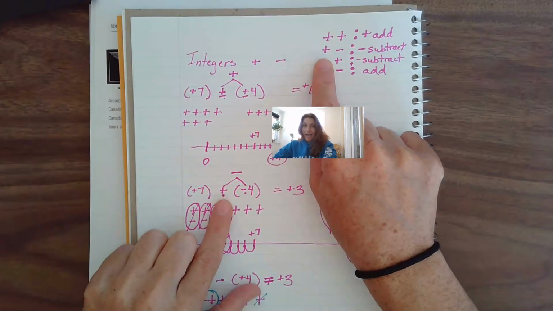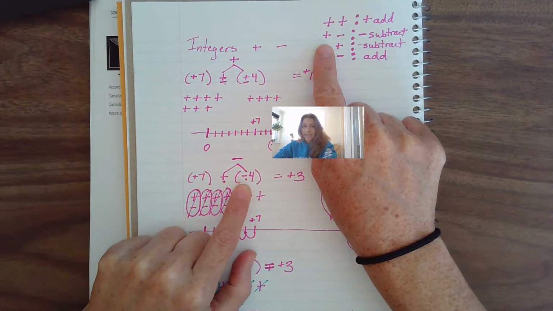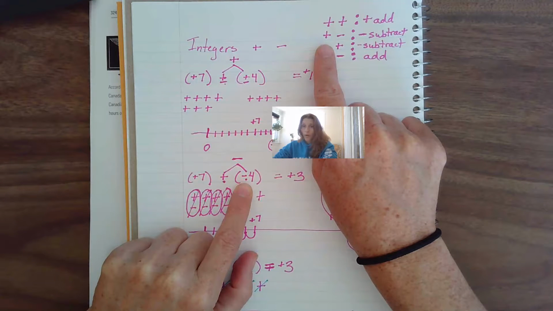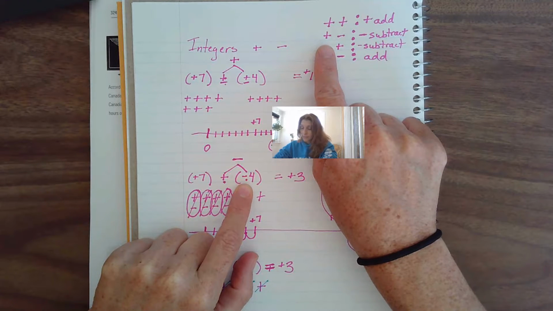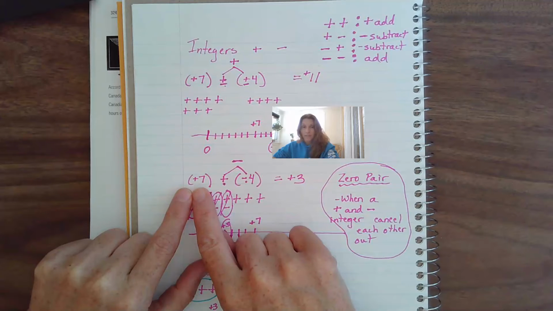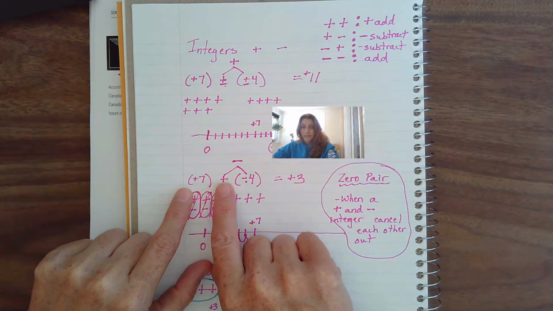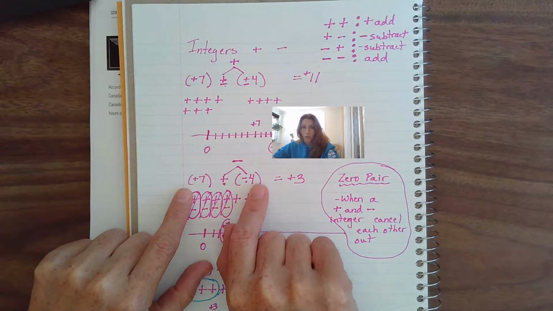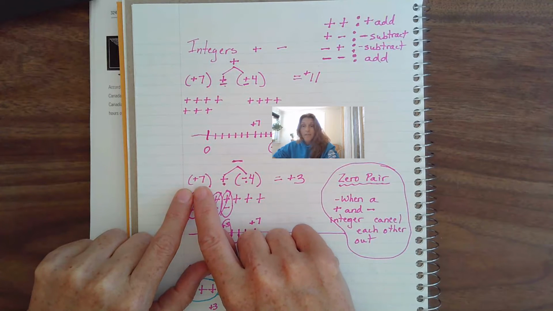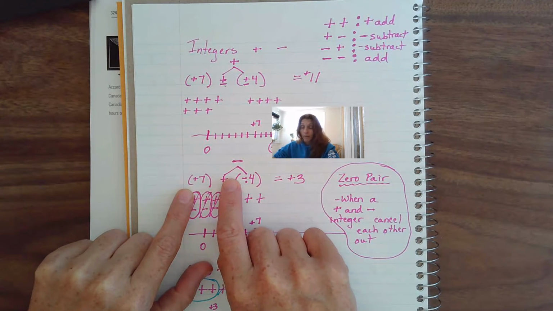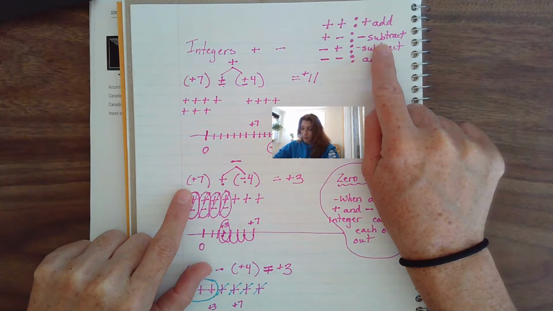If you are adding a negative integer, what you're going to do is just subtract. This positive 7 plus negative 4 becomes positive 7 take away 4. Positive 7 subtract 4.